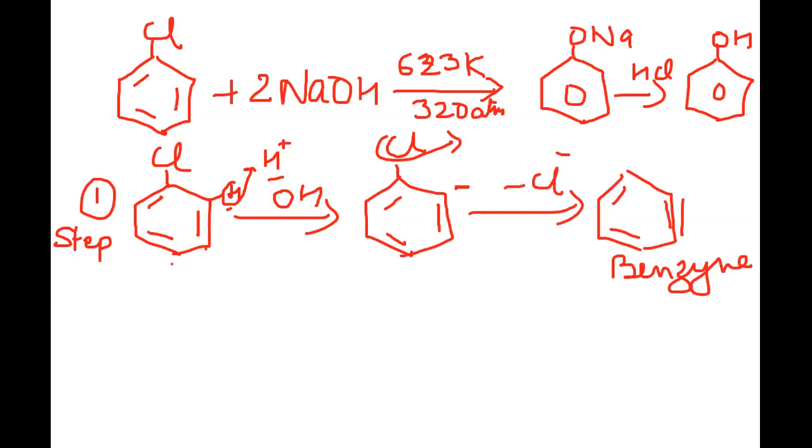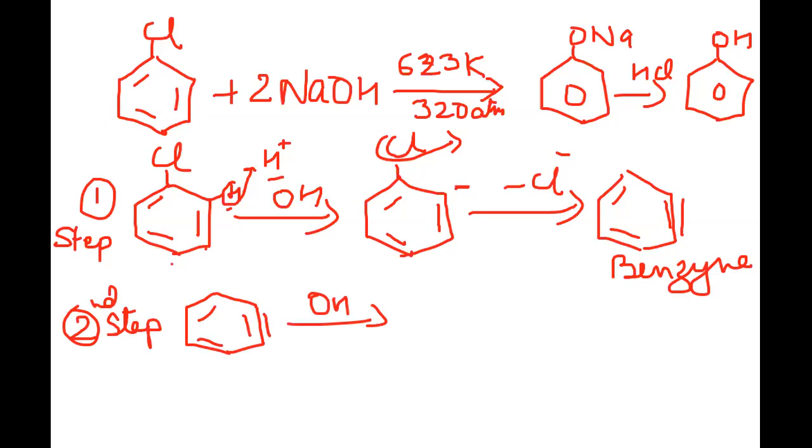And in the next step, that is the second step, the benzyne now undergoes hydrolysis. So you have the triple bond here. This is now going to add up an OH minus, and it's going to add up here.